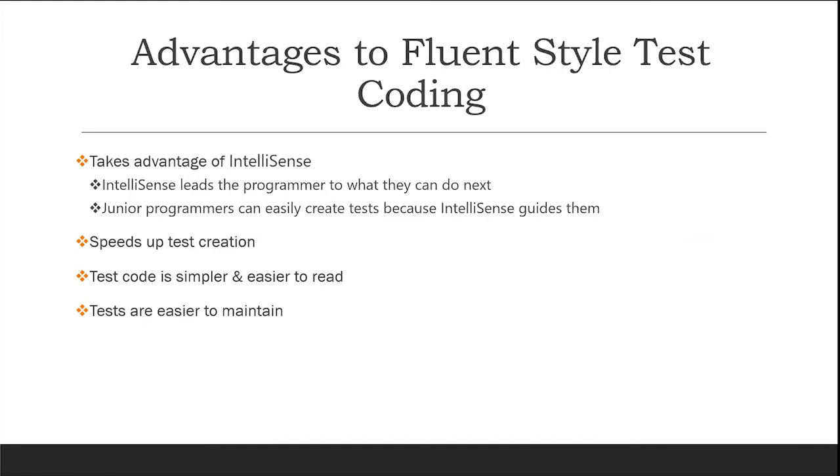So you can just pick that method, give it a parameter, and then move on to the next method and the next method. Because IntelliSense leads you on what you can do, junior programmers can easily create tests. IntelliSense is guiding them. It is also speeding up test creation.